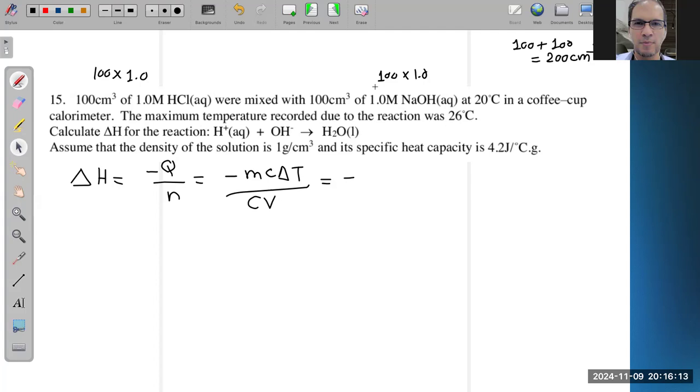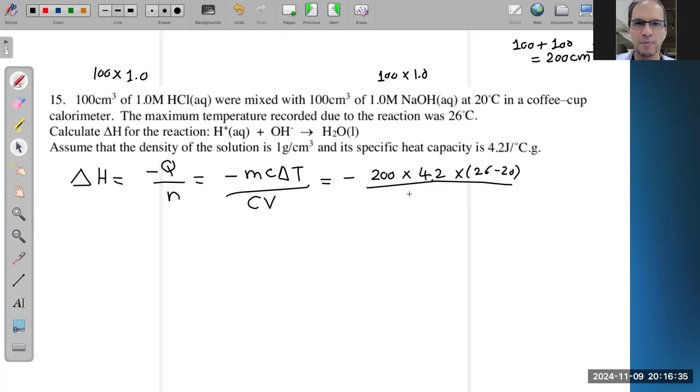And since the density is equal to 1, that's equal to 200 grams. So I have minus 200 grams multiplied by C. C is equal to 4.2 joules, and multiplied by the difference in temperature, it was 20 and became 26. So 26 minus 20, that's equal to 6.